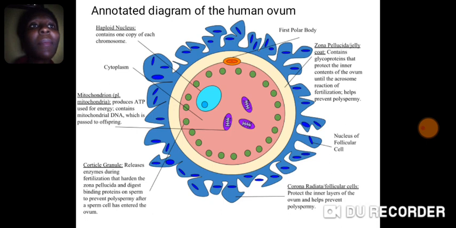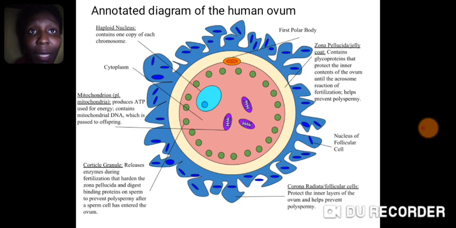Now, the cytoplasm forms a containment for the organelles of this egg cell, such as the nucleus, mitochondria, and cortical granules. So they all lie in the cytoplasm.